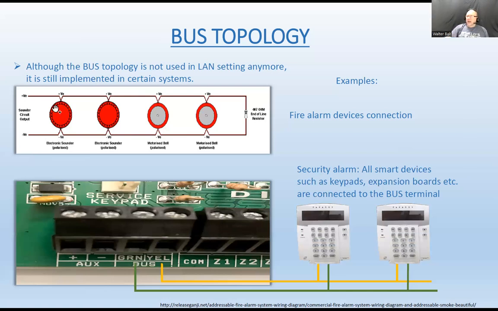Okay, so this is one of the zones, and the zone is a loop. So it acts as a bus because everything is tapped in. It would be a device. It could be a smoke detector, it could be a heat detector, or it could be a pull station, or it could be some triggering device.